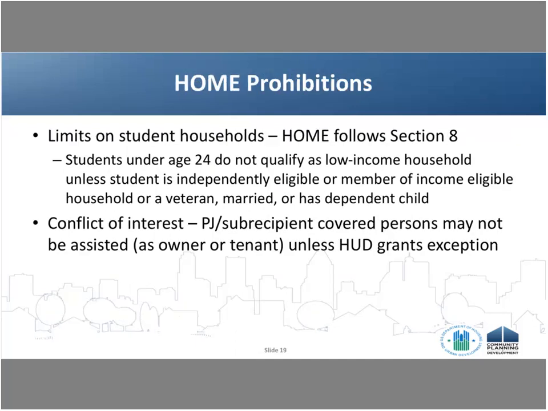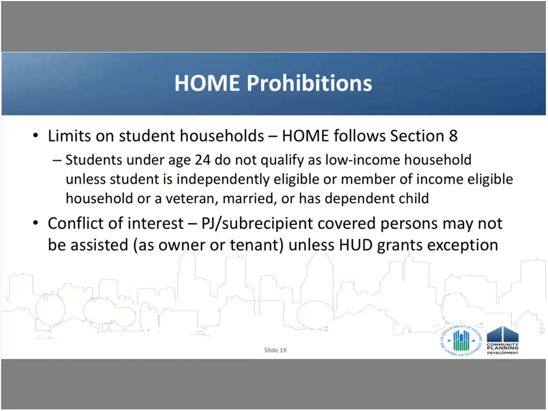Two other issues that we want to remind everybody about, and these are both standard items that are part of the normal regulation, so there's no particular change here, but we don't want to miss them in all of the excitement and attention that's otherwise devoted to the waivers, and that revolves around student households and conflict of interest. So remember, the HOME program follows the Section 8 Housing Choice Voucher rules for college students.